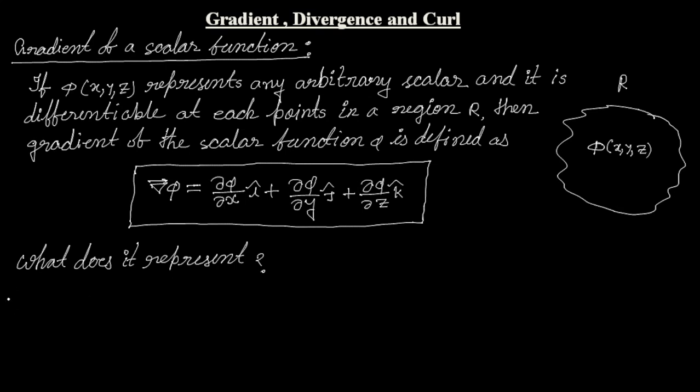First of all, it gives a vector quantity, and that vector quantity is always perpendicular to the level surface of any scalar function phi. Let me write this statement first here.